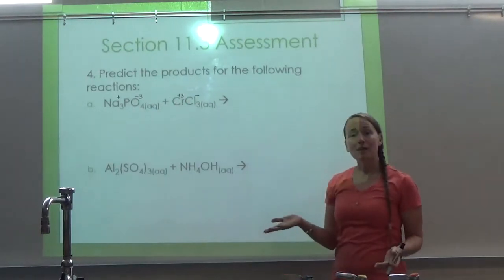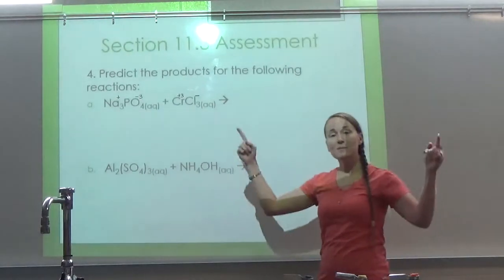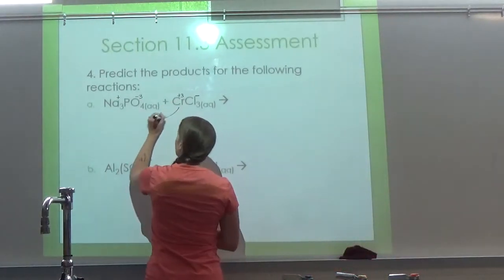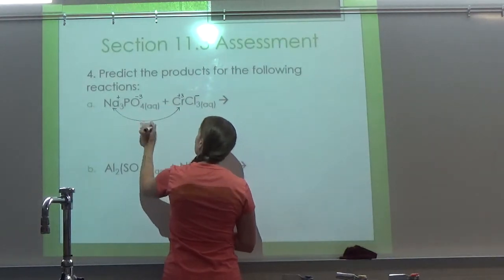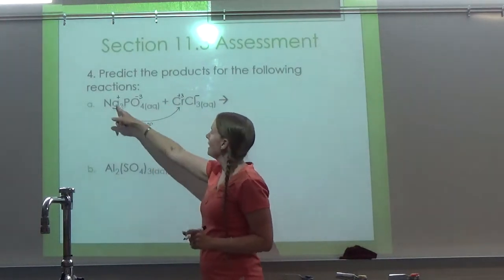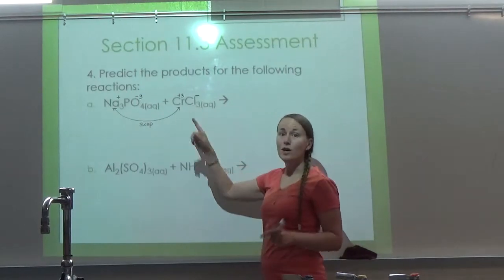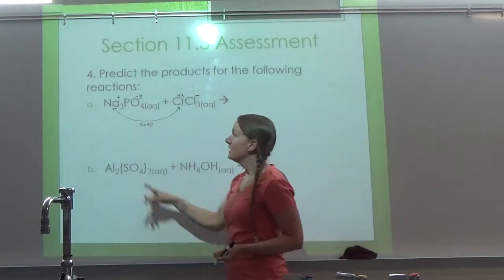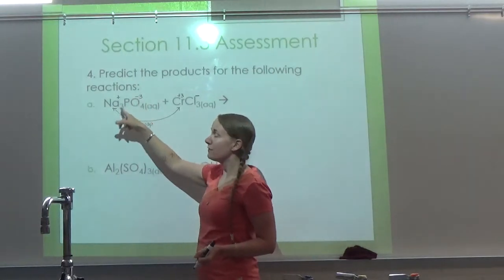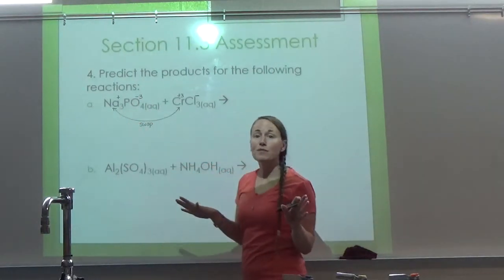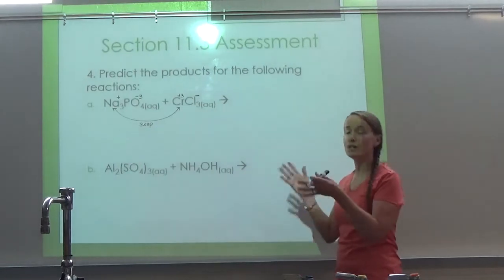So once I know all my charges, I know in double displacement, we swap the positives. All right, so Na is now going to bond with Cl. But we've got to be careful about these subscripts. Na only has a 3 right here to balance charges with phosphate. It's not going to be with phosphate anymore, so I'm not going to bring the 3 over.